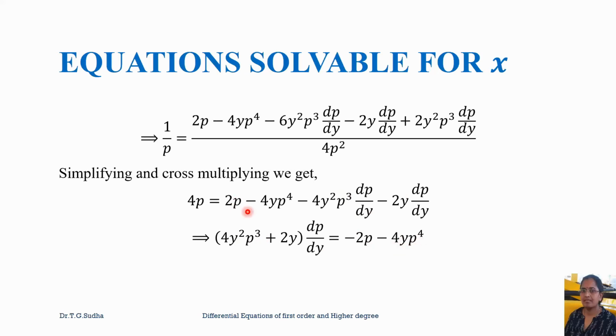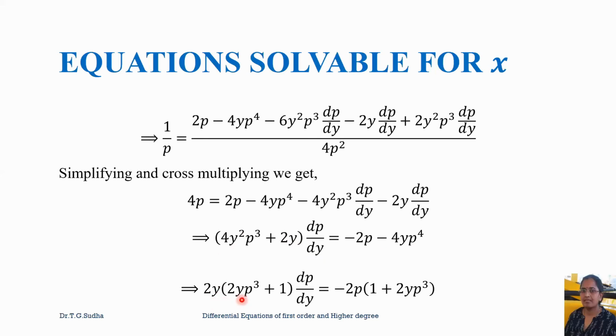So when we shift the terms not containing dp by dy to the other side, we get minus 2p minus 4y p power 4. So in the next step, we are going to remove a common factor on the left hand side as well as the right hand side. In the left hand side, we can remove 2y.